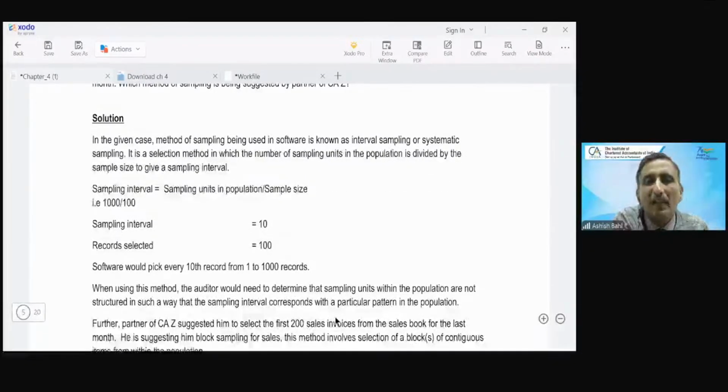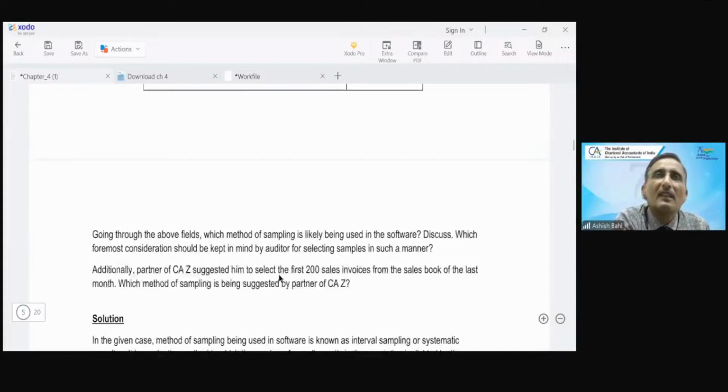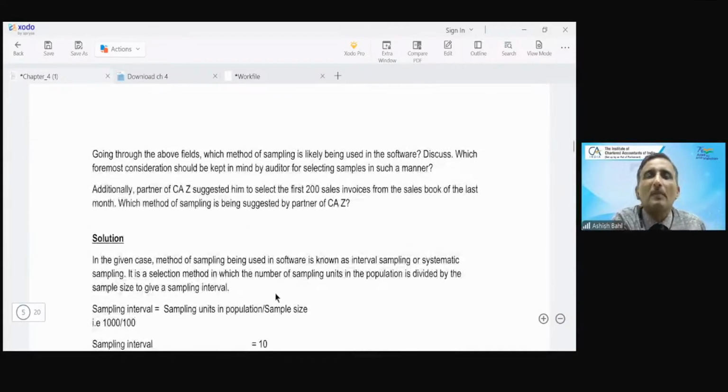Selection interval or sampling interval, whatever you can say. Additionally, the partner of CA Z suggested him to select the first 200 sales invoices from the sales book. Which method of sampling is he using? This is a kind of block sampling. First 200 sales invoices means selecting contiguous items.